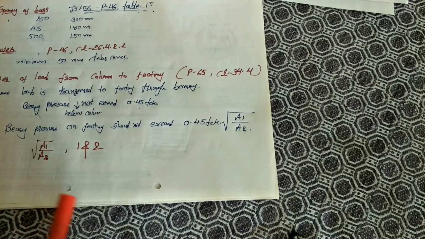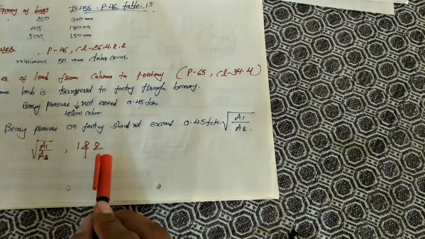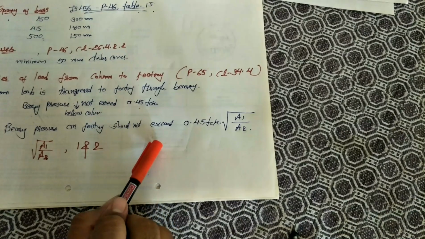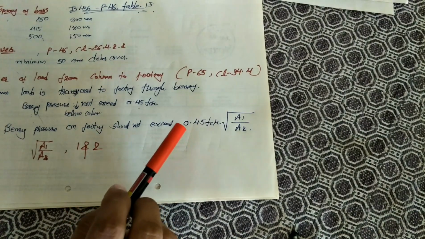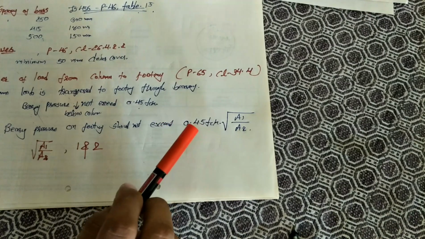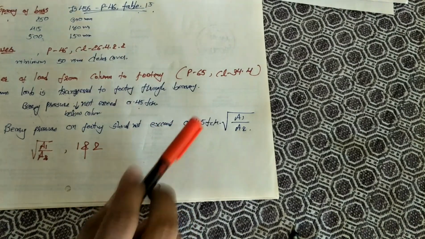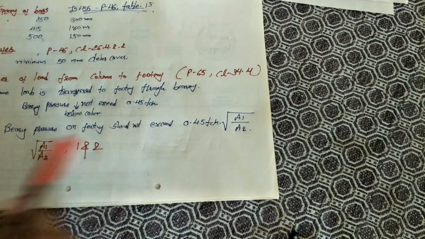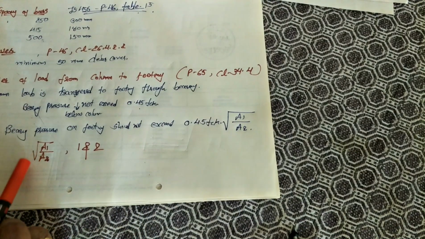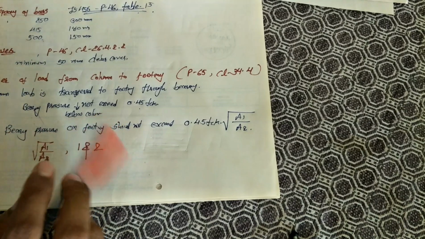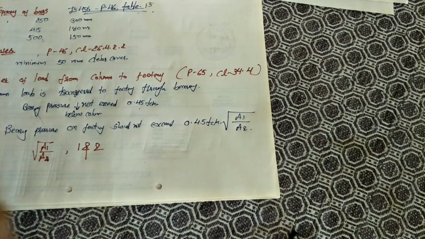Now what is A1 and what is A2? Concrete in the footing near the column is confined by the surrounding concrete. Because of that reason, the factor root of A1 by A2 has been introduced when the column is directly resting on the footing.